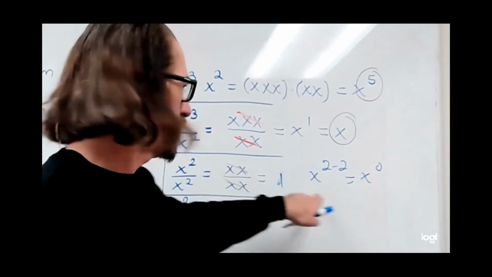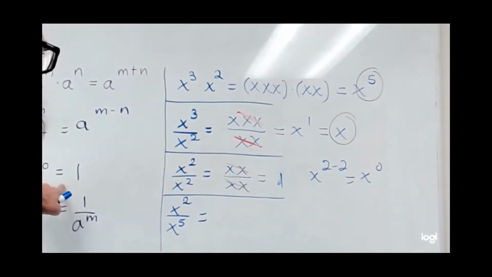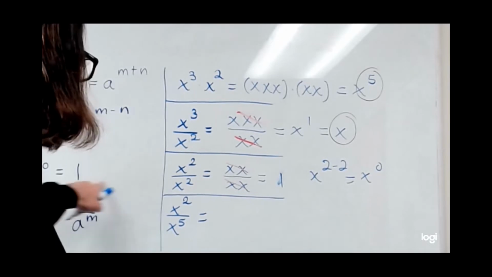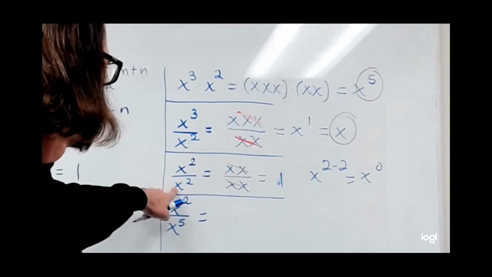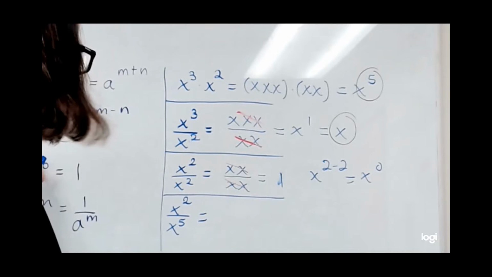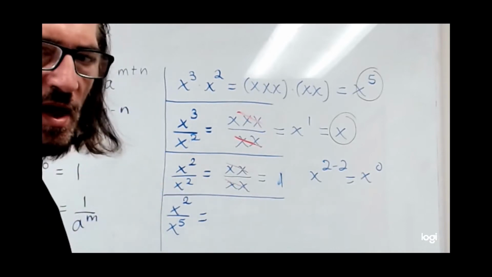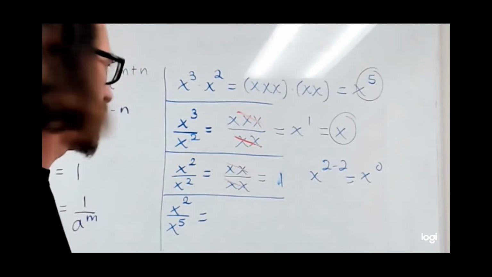Then that must mean that x to the 0 is equal to 1. And since we came up with that with the division, since a cannot be 0 here, then a cannot be 0 here. A, x, whatever we call the base, same idea.